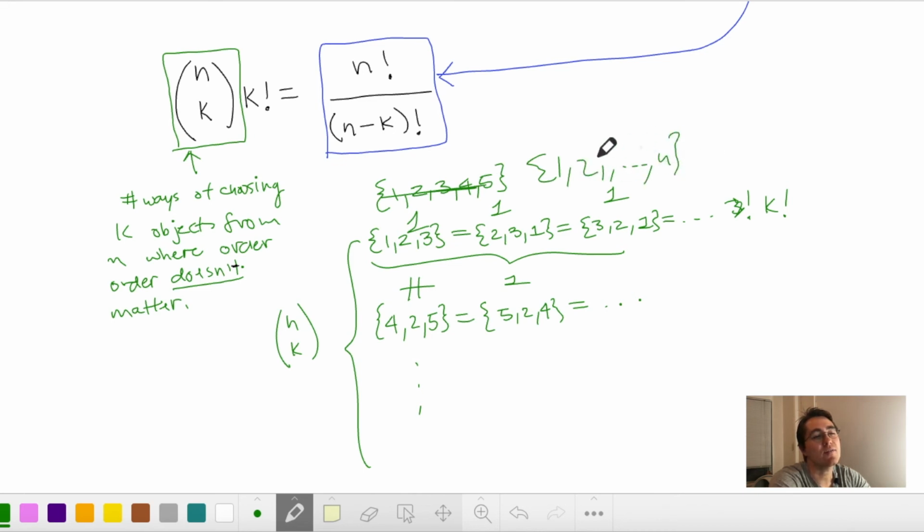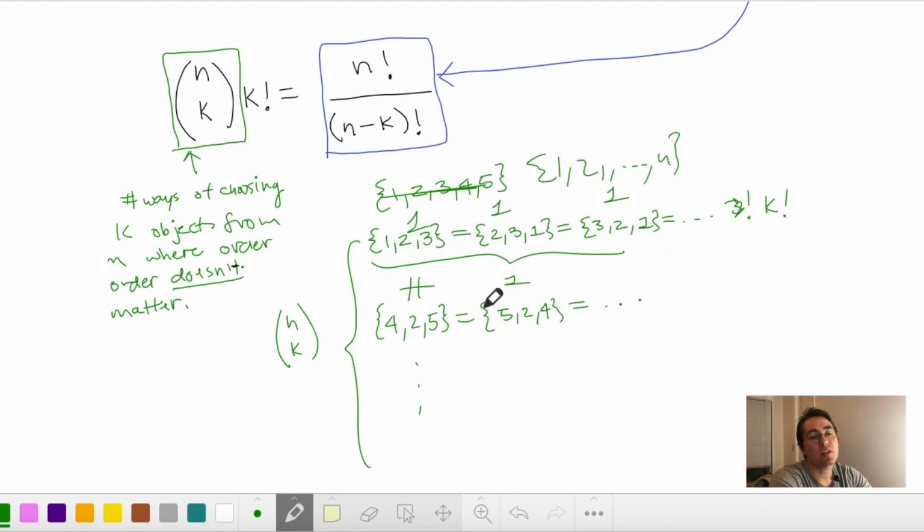So from the n, I'm picking k. In this case, it was 5 and 3. So there's k factorial here. And that will get me all the ways of selecting these numbers 1, 2, 3, and all of their permutations. In other words, it's really all the ways of selecting this particular collection where order does matter, right?